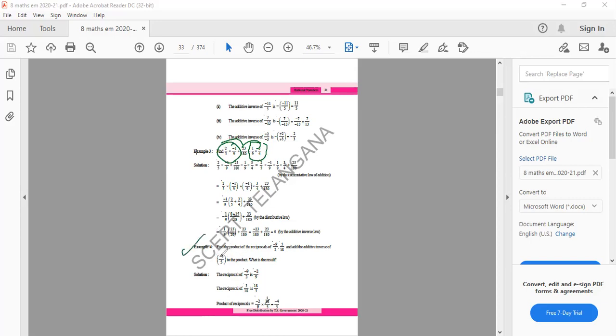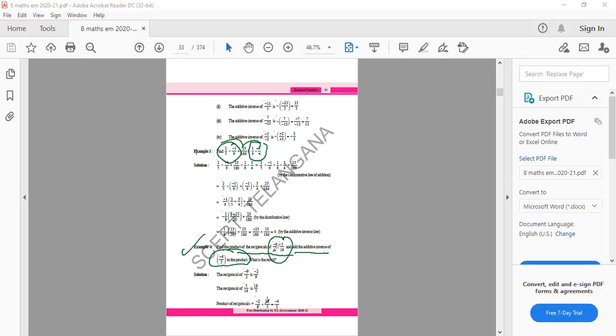Next, fourth question. Find the product of the reciprocals of these two, and add the additive inverse of this one to the product. First, the reciprocals of these two numbers.